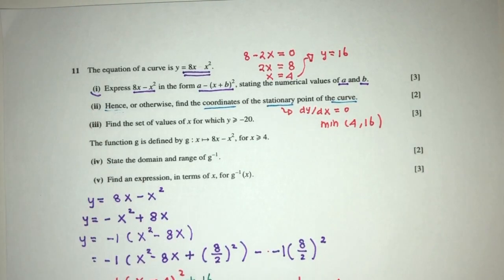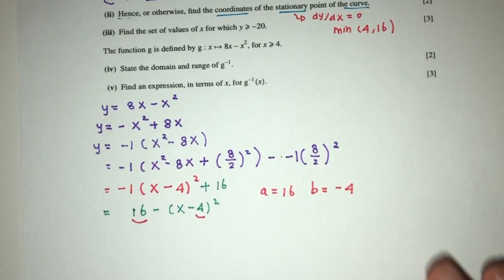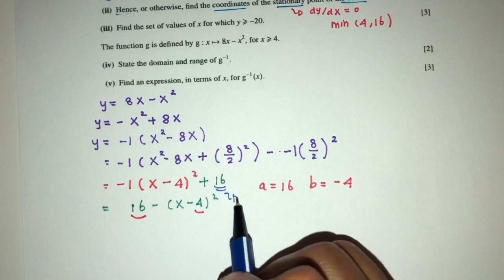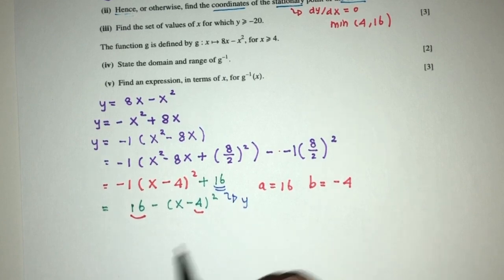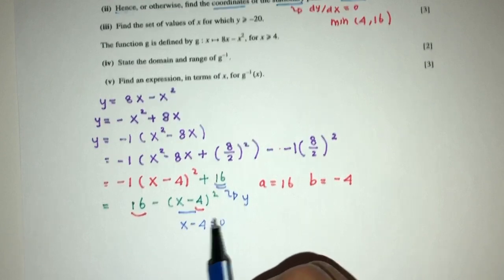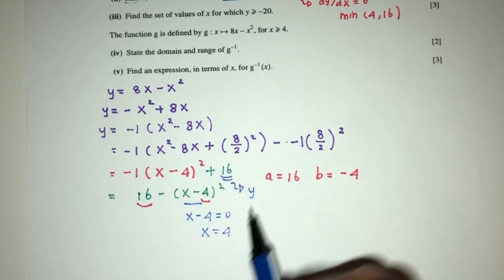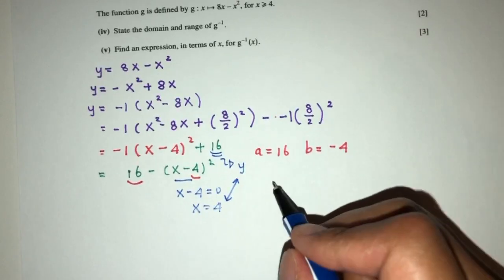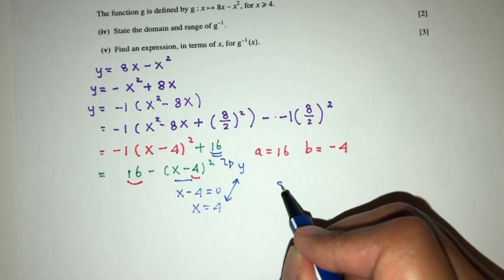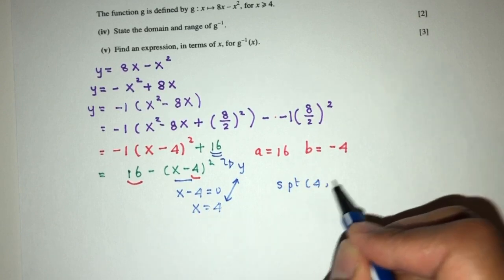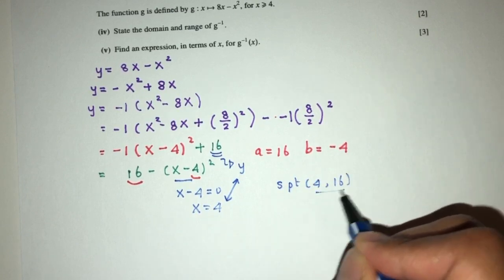So the point is 4 and 16. However, if you want to use this result, it is very easy. The value at the end will always be the y value. This happens when this is equal to 0, which means x equals 4. Again, you can see we can use that to find the stationary point. So the stationary point is x equals 4, y equals 16.